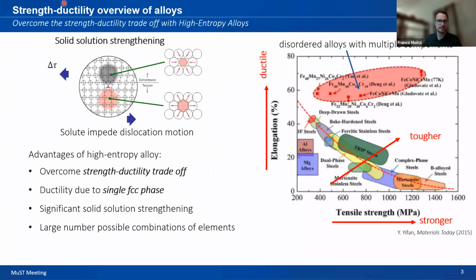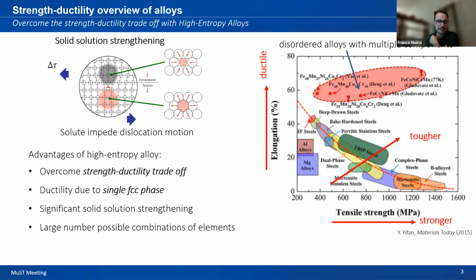So disordered alloys with multiple principal components, which are more commonly known as high entropy alloys, have attracted a lot of interest because of their favorable mechanical properties. For most engineering applications, it's crucial that our material is not only strong, but also tough. It basically means it can withstand a significant amount of plastic deformation before catastrophic failure.